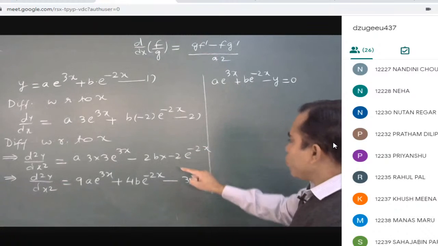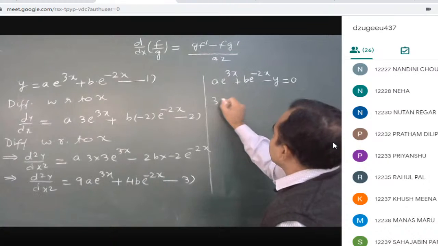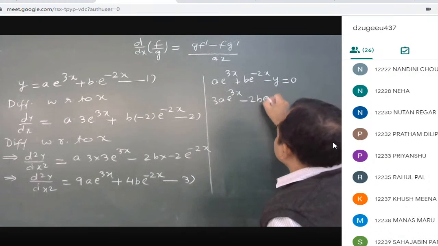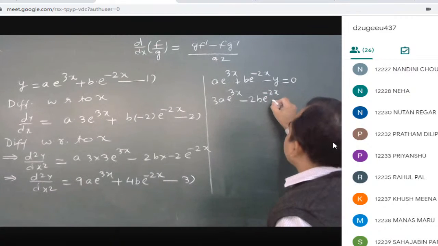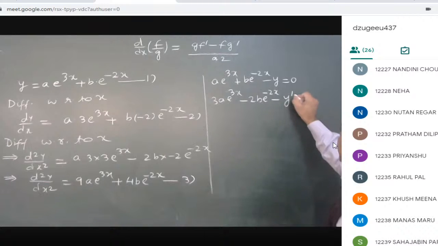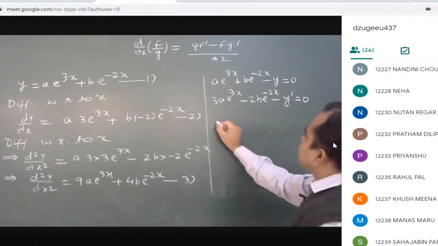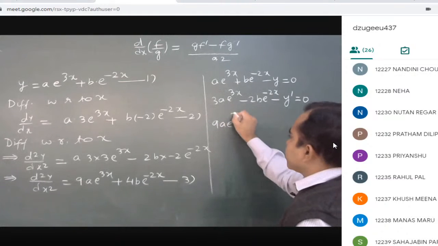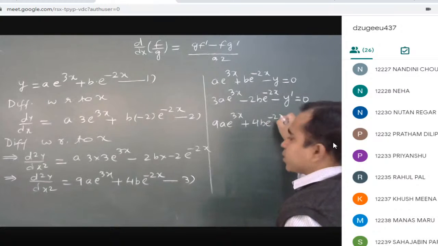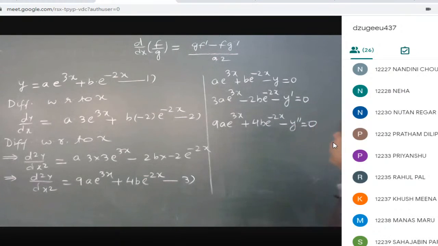Similarly, this is my equation 2: 3a e to power 3x minus 2b e to power minus 2x minus dy upon dx, which I will write as y dash, minus y dash equal to 0. And the third equation, 9a e raised to power 3x plus 4b e raised to power minus 2x minus y double dash equal to 0.